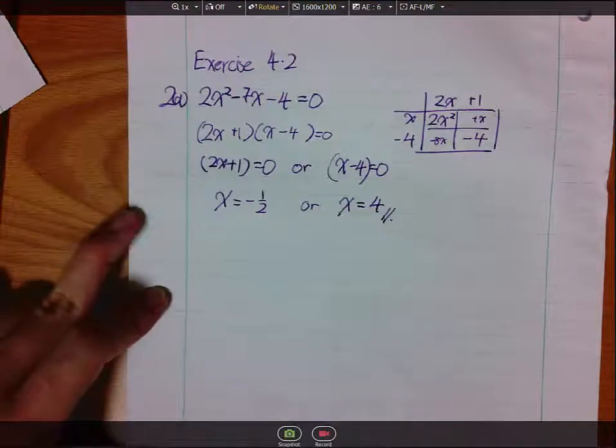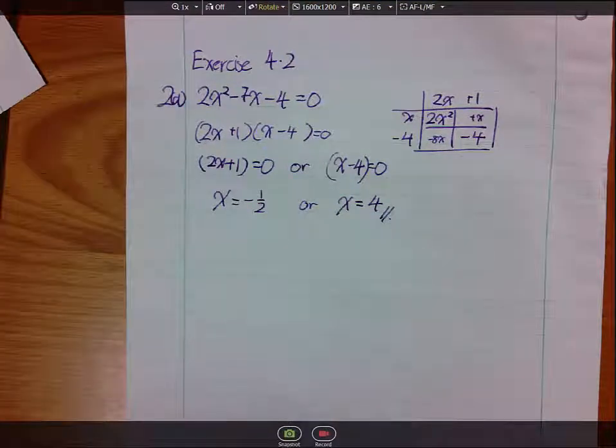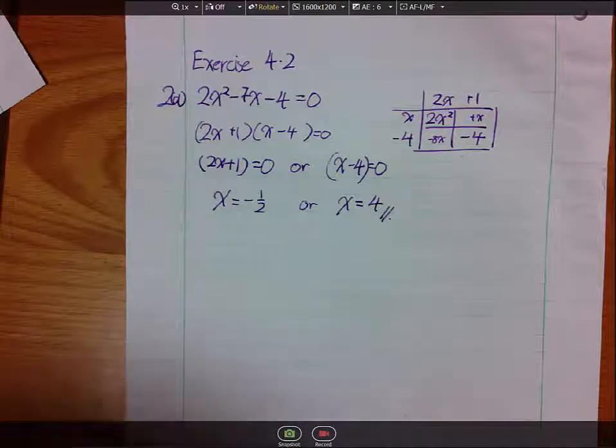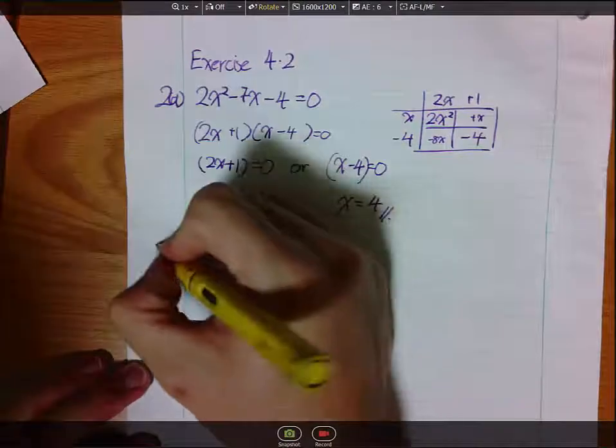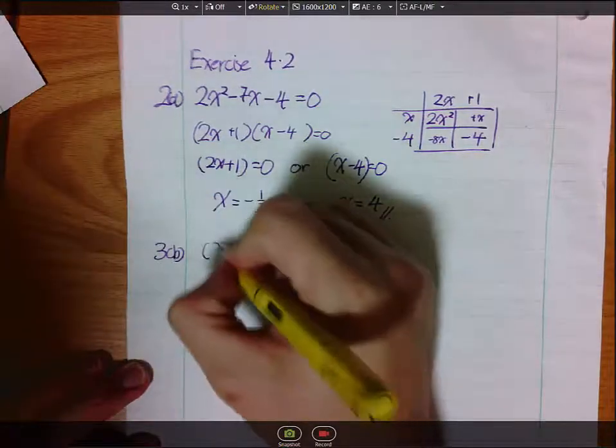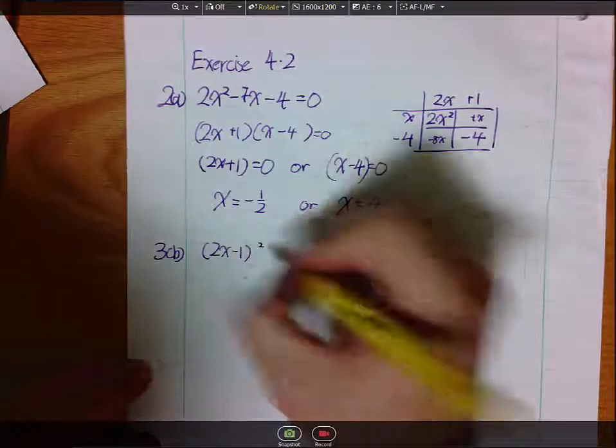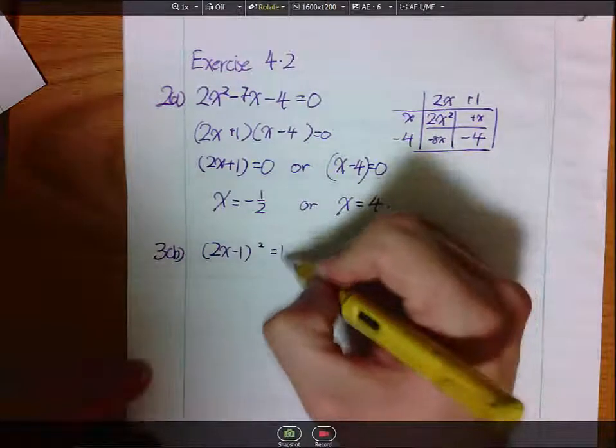That is question 2D. Right, I'll give you another example, which is question 3B. Question 3B will work like this: (2x minus 1) squared is equal to 16.